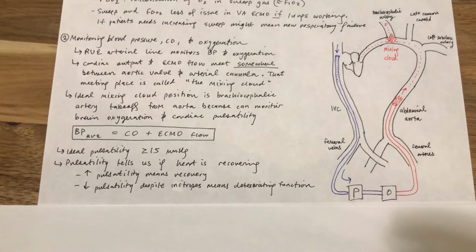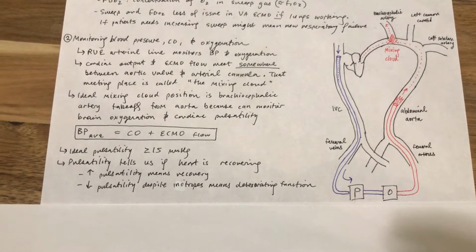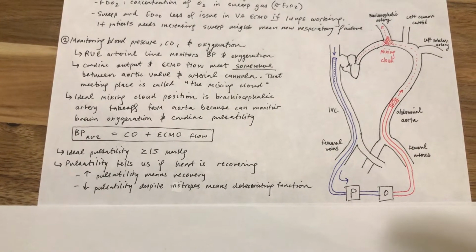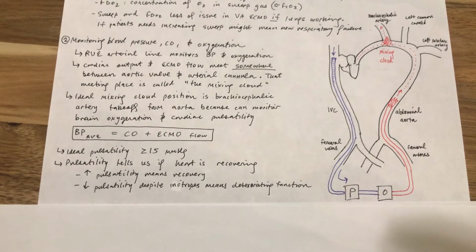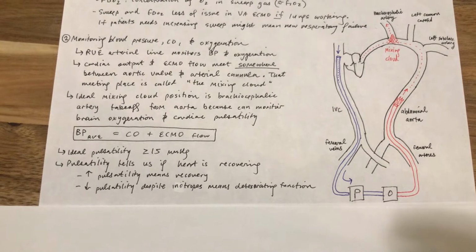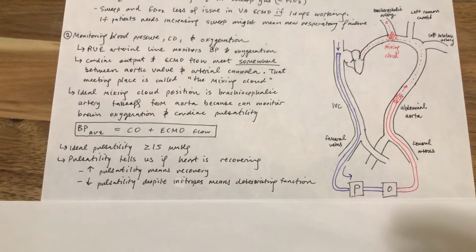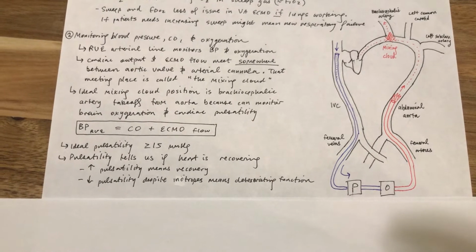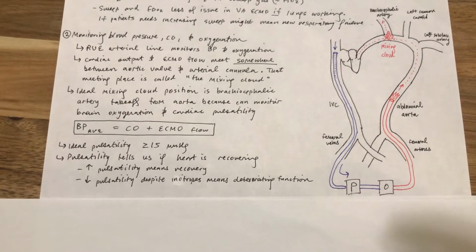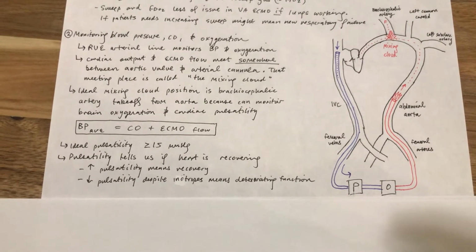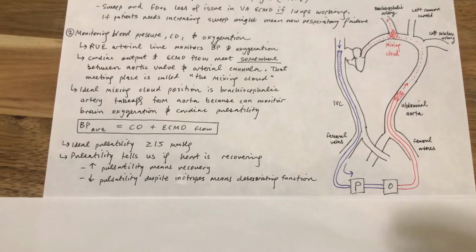The only other place that we can really measure this is in the left upper extremity, and that would be via the left subclavian artery. So if we had a left-sided arterial line and the patient developed respiratory failure, the brain could be receiving deoxygenated blood, and we wouldn't know.